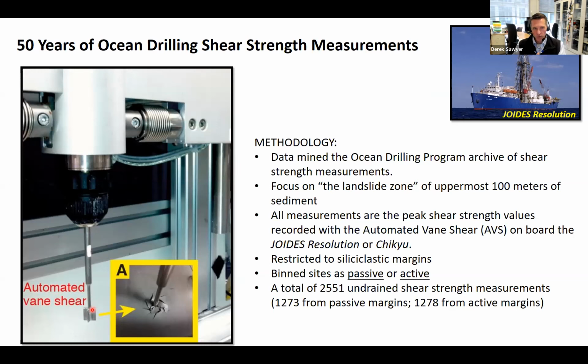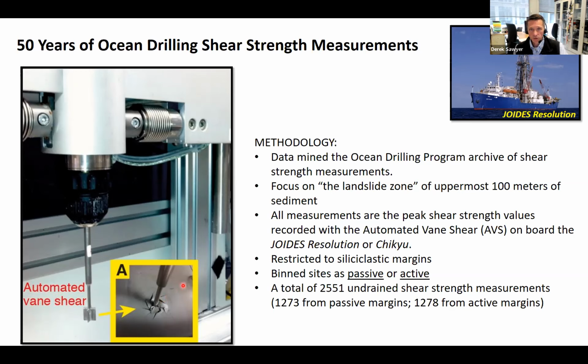So the cores are collected, brought up to the ship, they're split open, and then one of the first measurements is this AVS or vane shear measurement taken on the core at regular intervals. And as the blade is inserted, it's then rotated until breakage is occurring. And so we can measure the stress strain curve throughout that experiment, and we can record the peak shear strength or resistance of that sediment and record that as a function of depth. So we're going to look at those data sets.